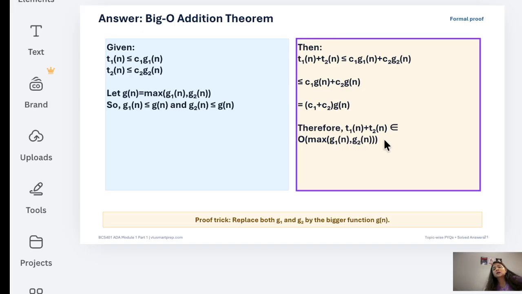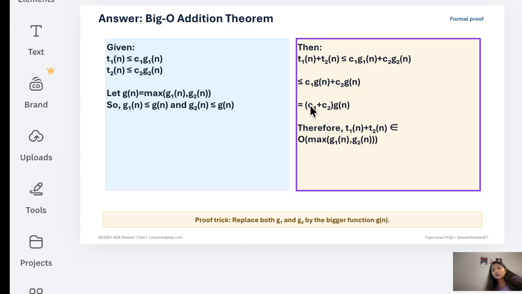So next, here you can see, therefore t1 of n plus t2 of n belongs to big O of max of g1 of n comma g2 of n. This is a constant, right?